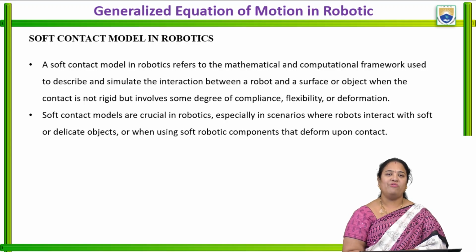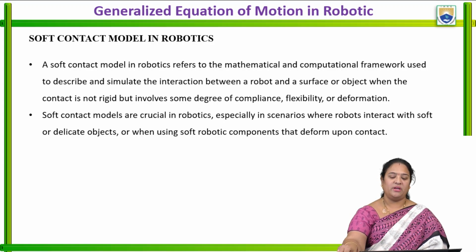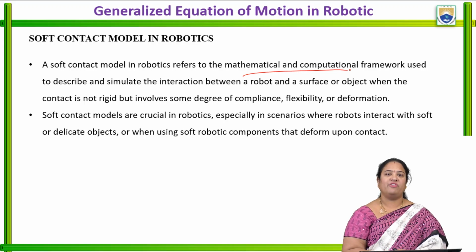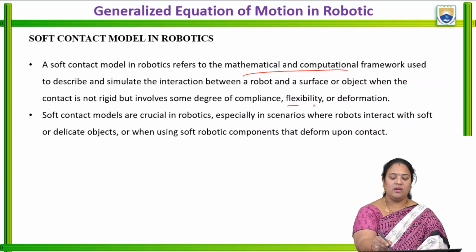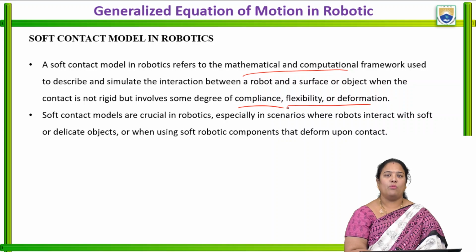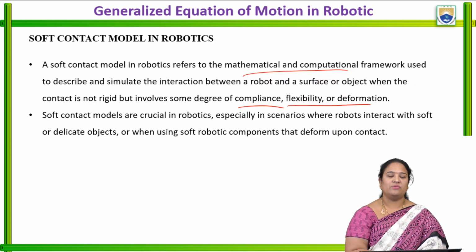So a soft contact model in robots refers to the mathematical and computational framework used to describe the interaction between the robot and a surface or object, when contacting non-rigid objects, with some degree of compliance, flexibility, or deformation. These soft contact models are especially used in scenarios where robots interact with soft or delicate objects.